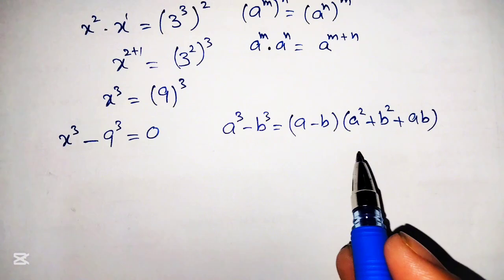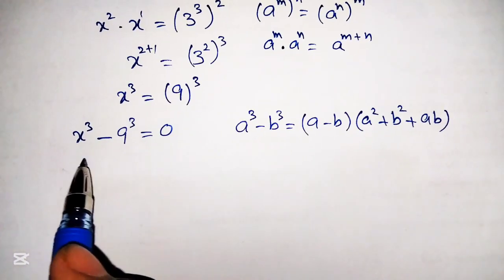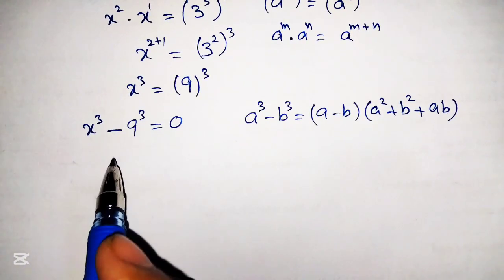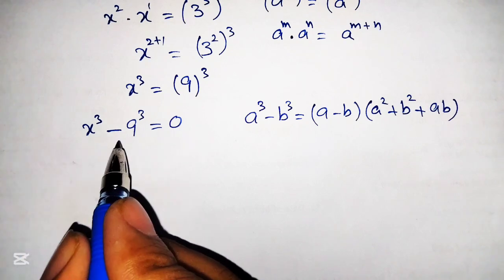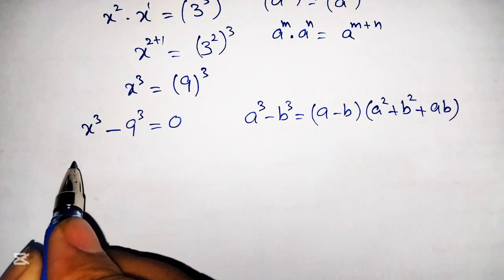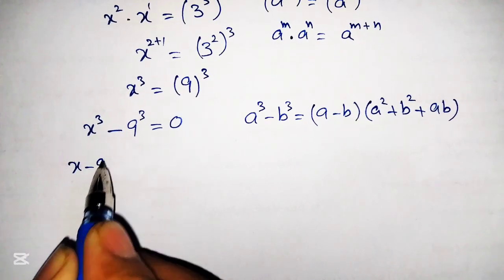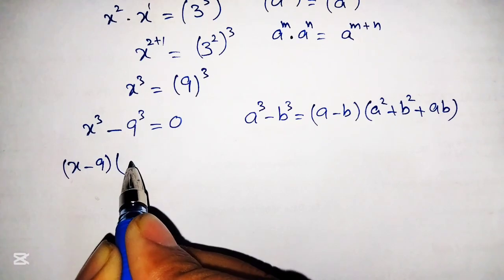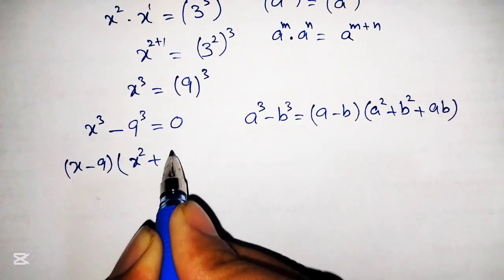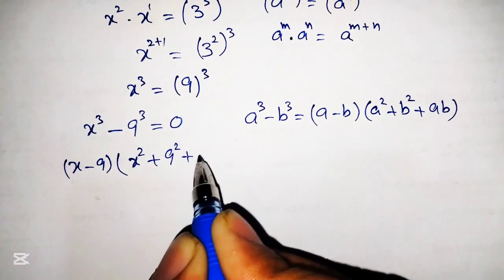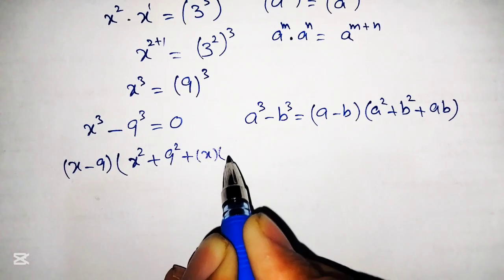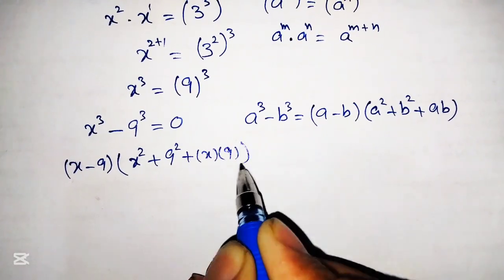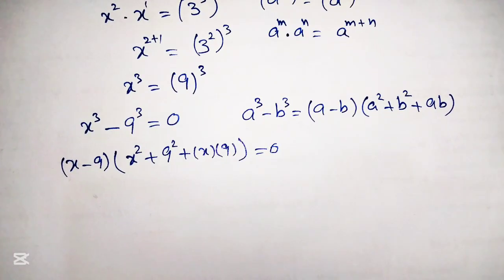So using this formula we can write the left hand side of this equation, where a is x and b is 9. So we will get (x minus 9) times (x square plus 9 square plus x times 9) is equal to 0.